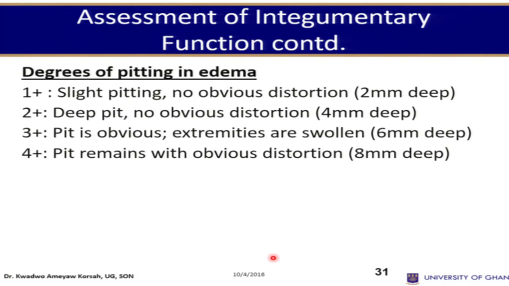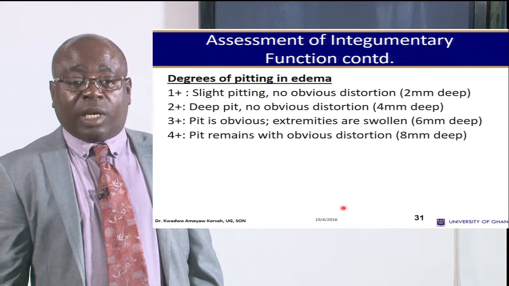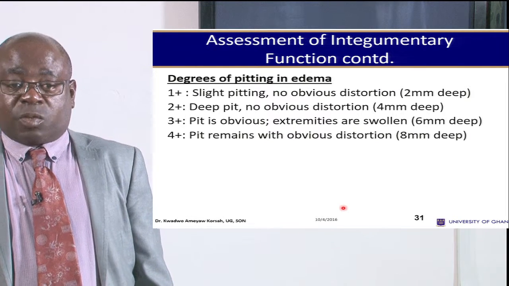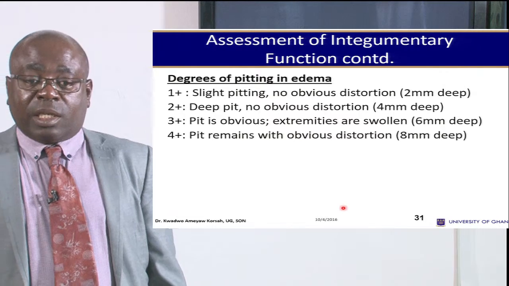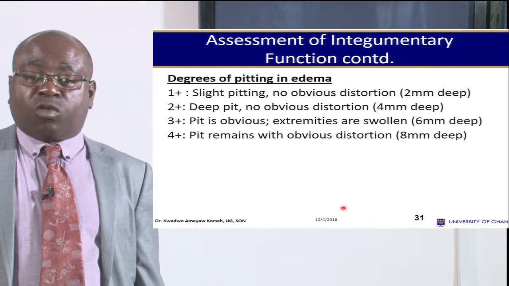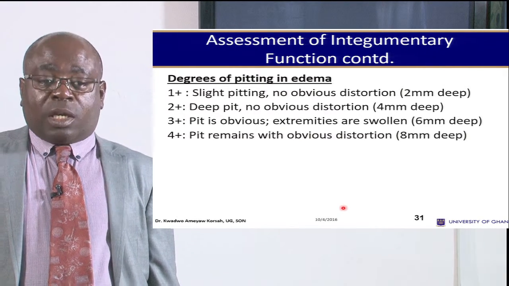For instance, if a patient has a heart condition which manifests with clinical signs on the skin, probably the patient has edema as a result of heart failure, or kidney problems which may manifest on the skin with swelling, which may be specific edema. So we have degrees of edema: slight pitting edema, no obvious distortion, about 2 mm deep, is 1+.